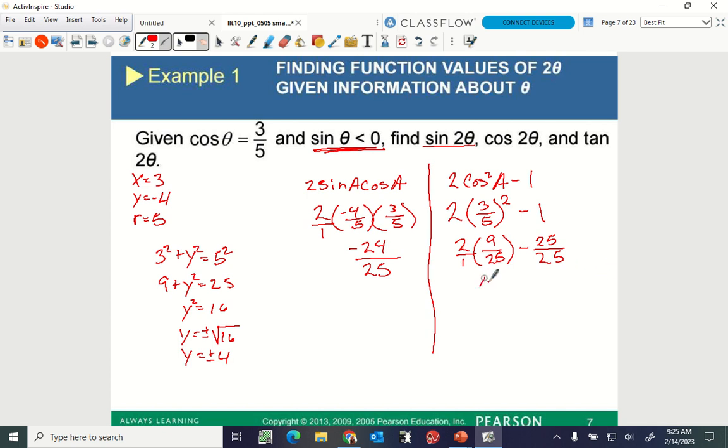So here I'm going to get 18 over 25 minus 25 over 25. Do my math, and I get a negative 7 over 25. Is that pretty easy?